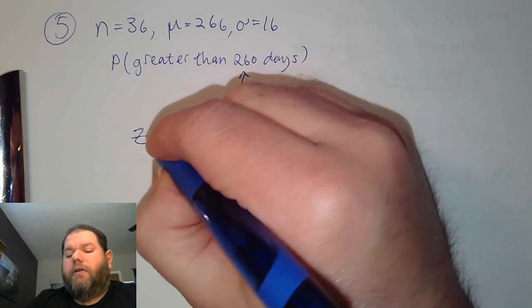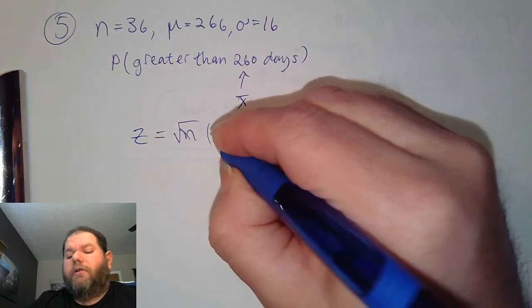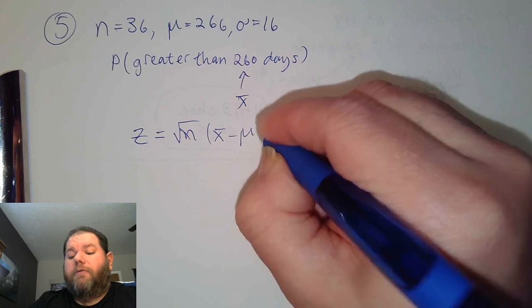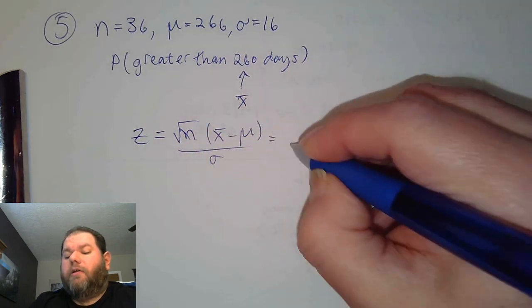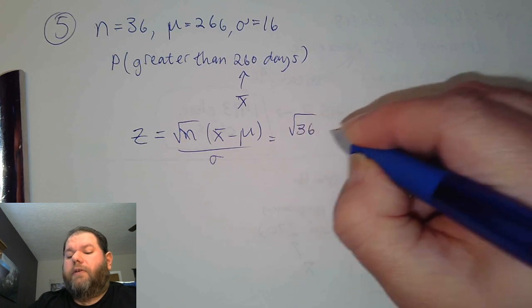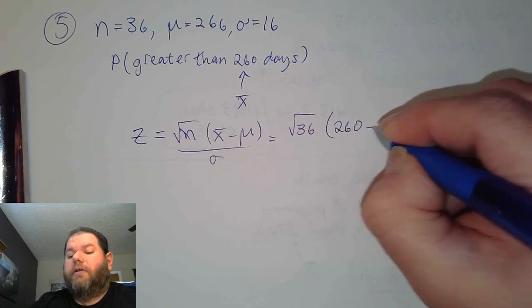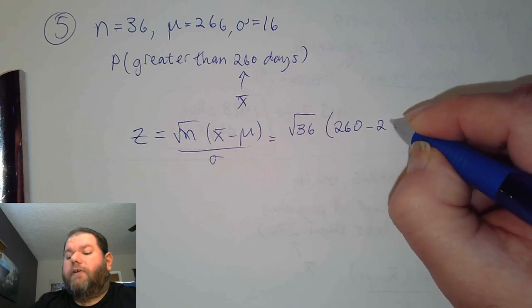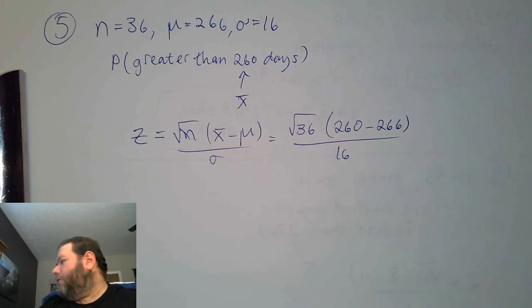So z is equal to square root of n times x bar minus mu divided by sigma. Square root of 36, x bar is 260 minus 266, and that's over 16 on the bottom.